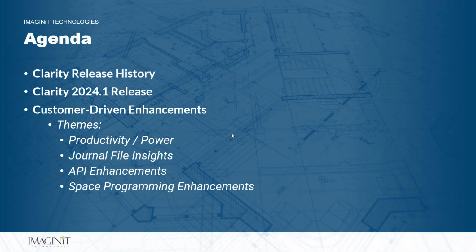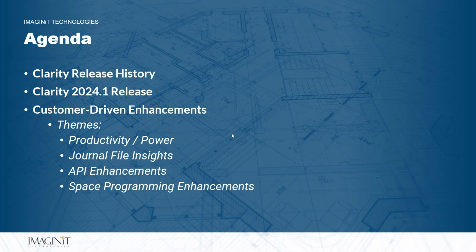For the agenda, it's a relatively quick meeting and webinar, although I'm happy to dive in as deeply as people want to see what's in this release in more detail. I'll be driving that mostly from your Q&A at the end of the webinar. But we typically go through a quick review of the release history and how this release fits into it, and the specifics of this release.